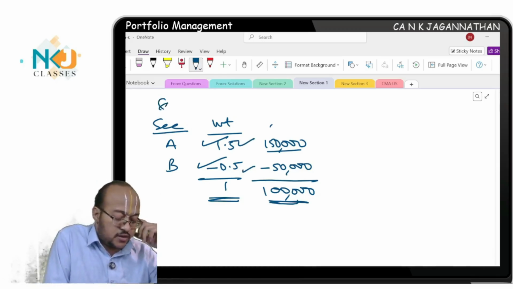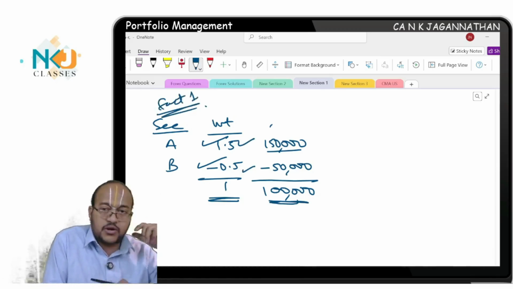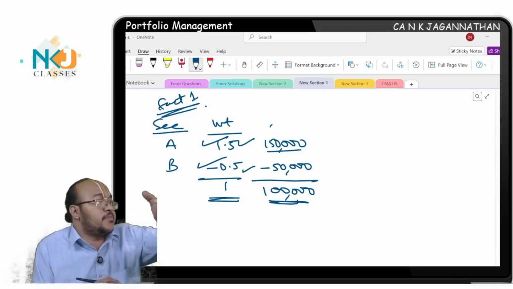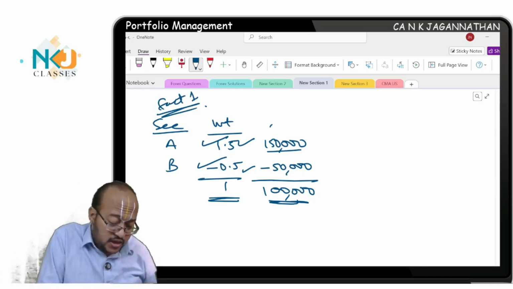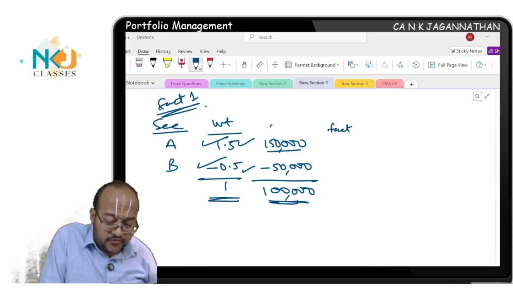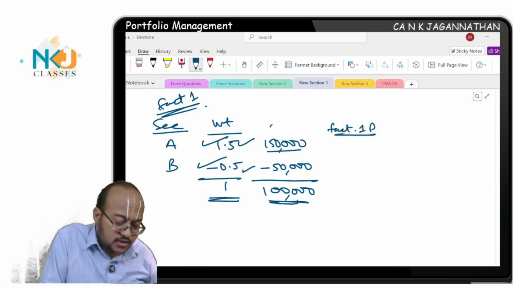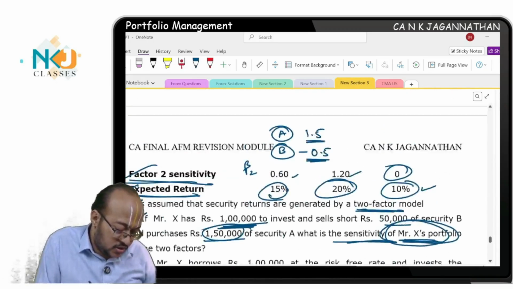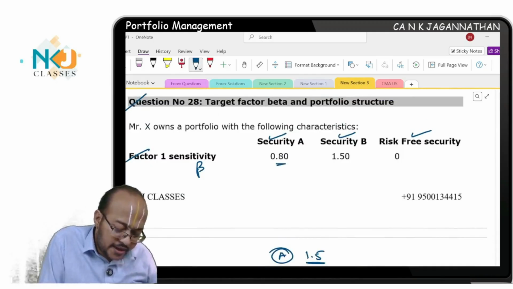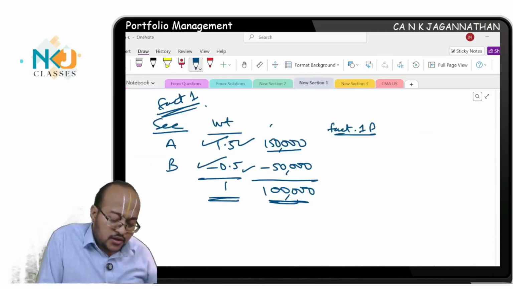Now this is the weight. So this we are computing for factor 1. Portfolio beta for factor 1. Are you all understanding? We need to see how much the total comes to. Now factor 1 beta, how much for security A and security B? Please tell me, children. 0.8 and 1.5. Correct?